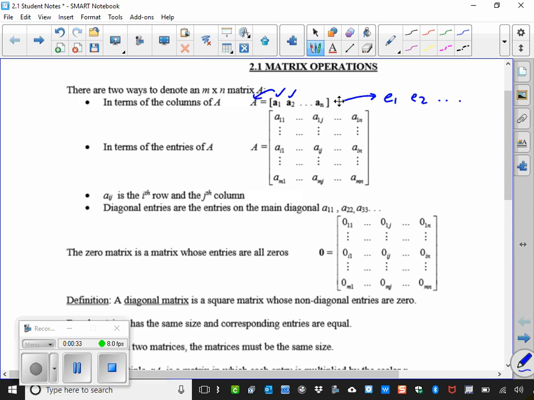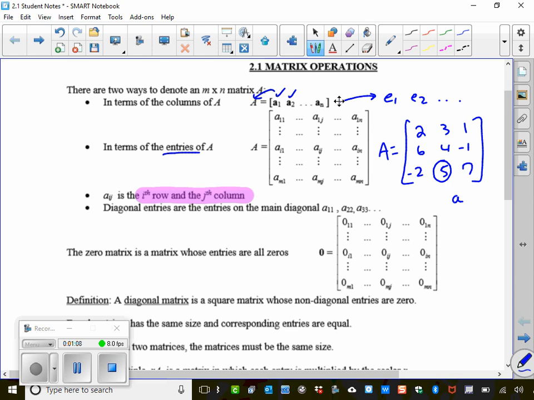You can also name entries in a matrix. You can do it in terms of the entries right here, and that goes like this: the ith row in the jth column. So if somebody has a matrix, let's say 2, 3, 1, 6, 4, -1, 2, -2, how about 5, 7, and this was called matrix A. If you wanted to talk about, let's say, this spot right here, what row is it?